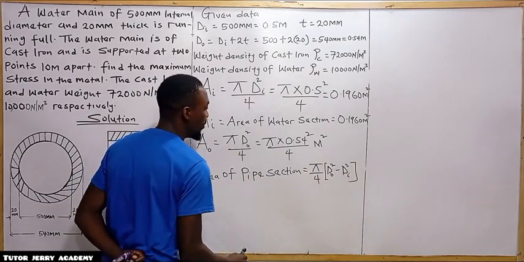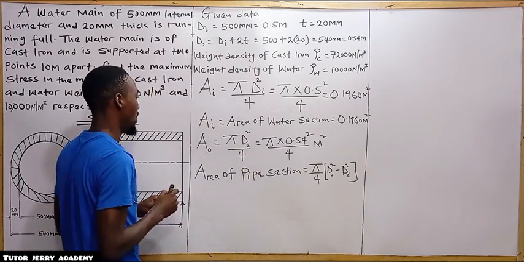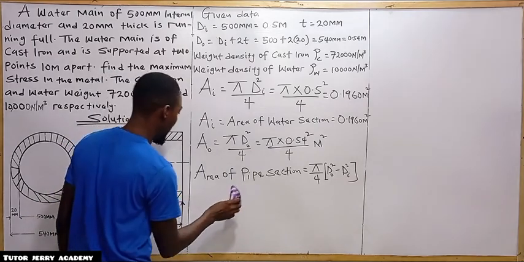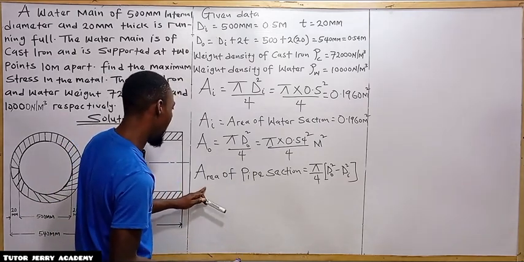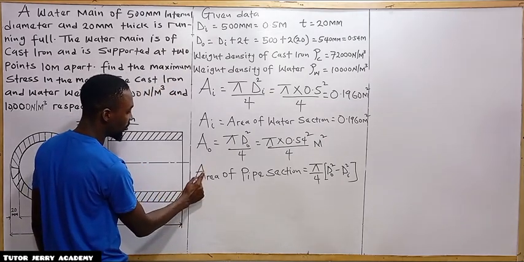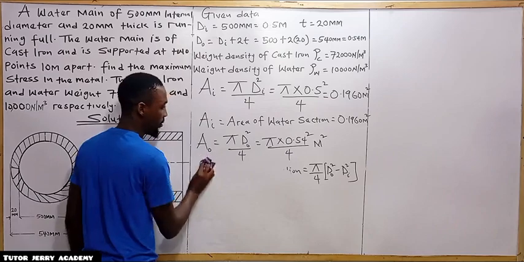So if we substitute, I don't know if I can shorten this because I want to maintain space. All right, so the area of the pipe section, let's represent it as A P, so that everything will just be on a single line.